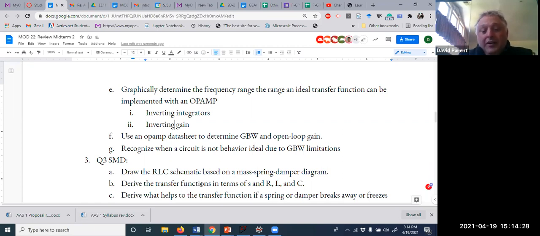Then another kind of question is you get an op amp data sheet, and you need to determine the gain bandwidth and the open loop gain at DC. And then the final thing is to recognize, from a list of symptoms, when a circuit is not behaving ideally.